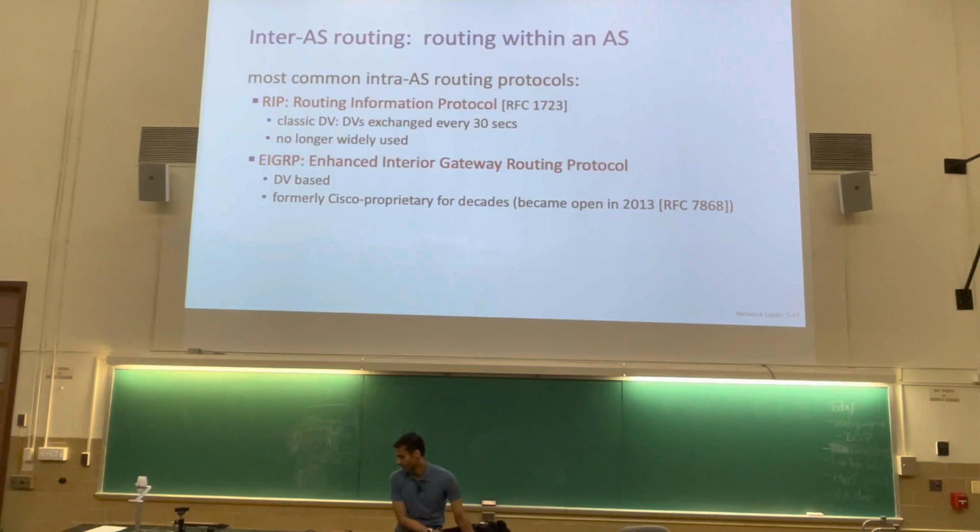It used to be a proprietary routing protocol, but for a few years now it's been an open protocol. It's also distance vector based. It allows more flexibility than hop count, but it's not easy to fix these count to infinity style problems. There are some hacks you can do to mitigate that effect.